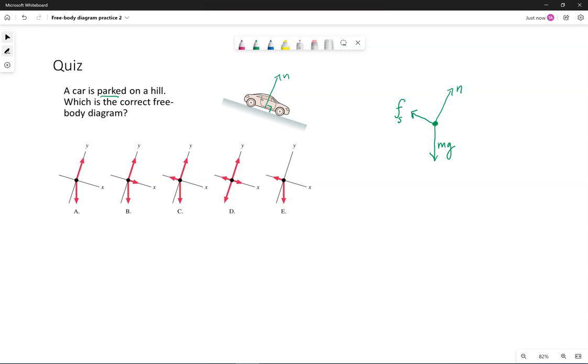If the car is not sliding, that static friction needs to point up the incline in order to counteract the force of gravity, the pull down the incline. There's nothing else in contact with the car. So this is our free body diagram. Let's see, that's option C.